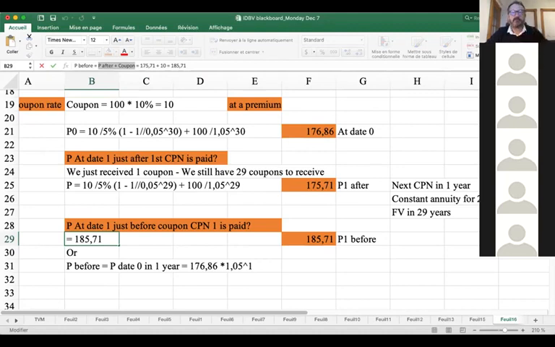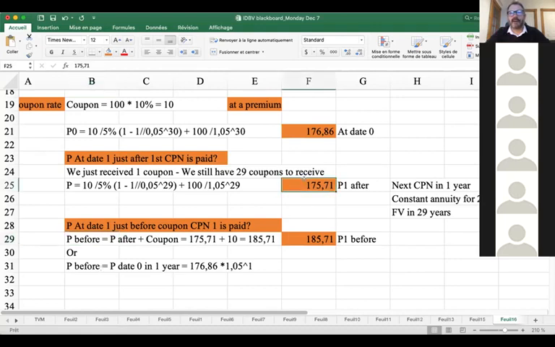And you have the mathematical expression with Hien, who just adds 10 at the end of the formula. So this is what I have here also. P1 before is P1 after plus the coupon. So we just take 175.71 plus 10. What does it mean?